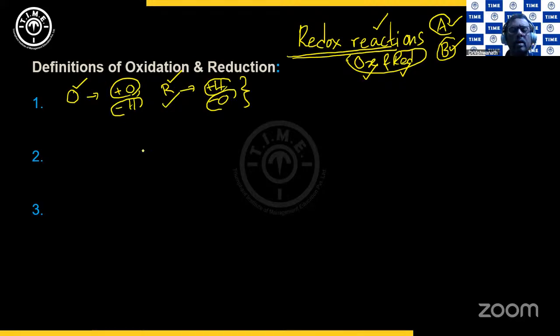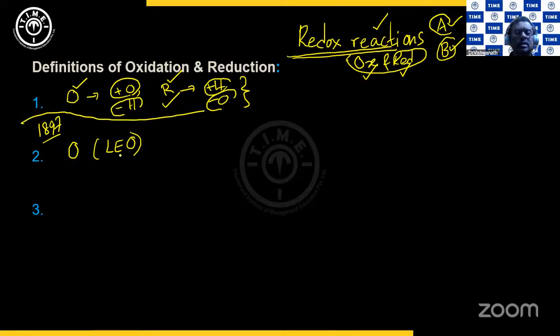But when our knowledge advanced, we came to know that oxidation is loss of electrons. We know that the electron was discovered as late as 1897, by J.J. Thomson. Till then, we had no concept of electrons.